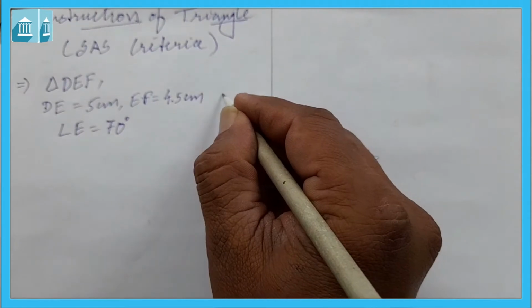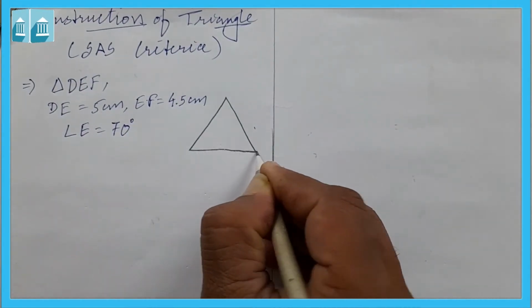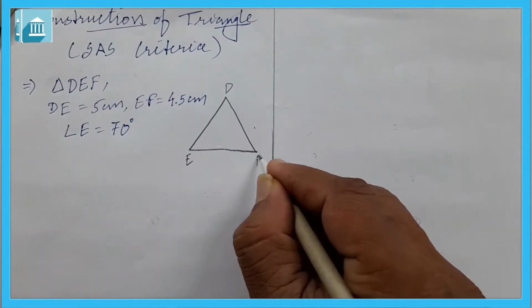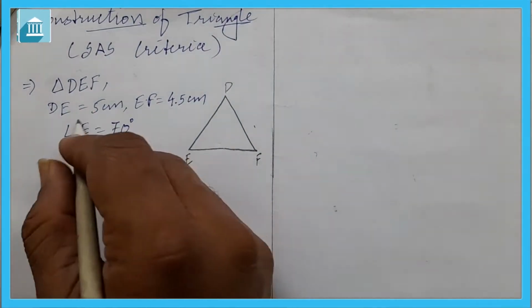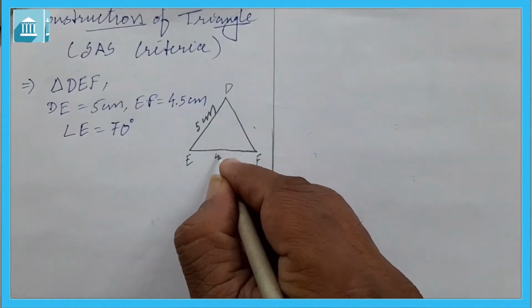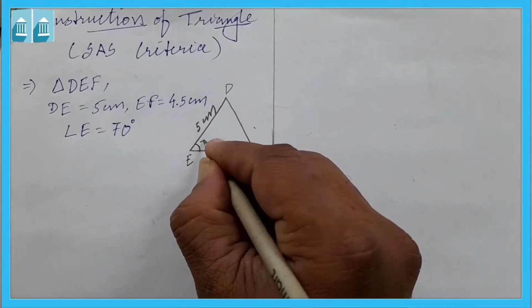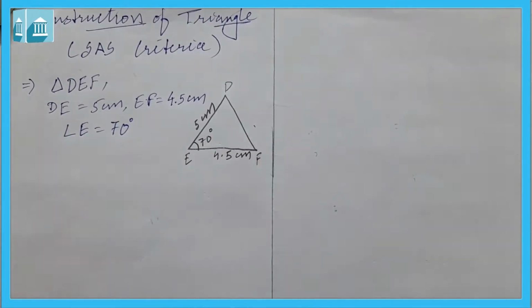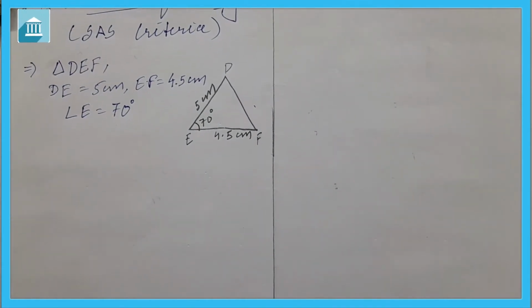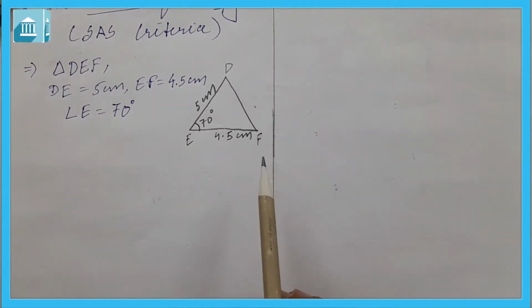So for the rough triangle, it will be DEF. Now it is given that DE is 5 centimeter, EF is 4.5 centimeter and angle E is 70 degree. Now we have to draw. When we draw a triangle, we know that the first thing we have to draw is the base of the triangle.